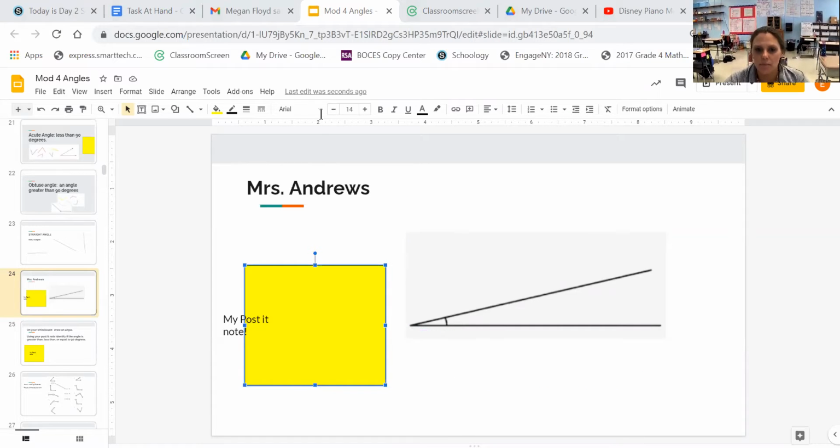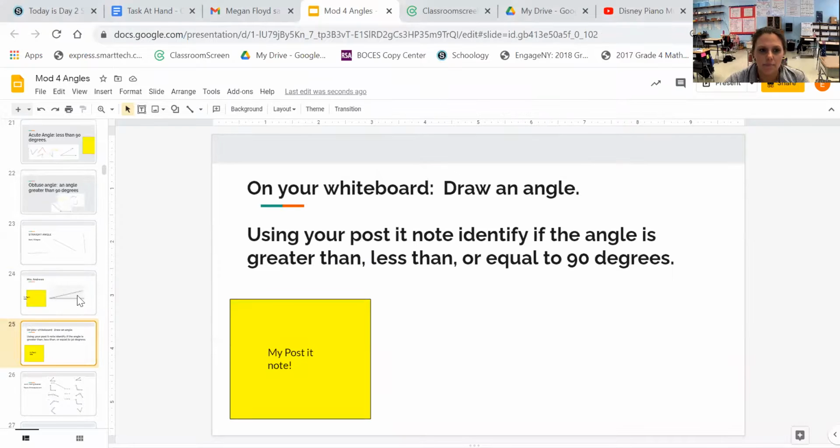Let's try another one. If you want to, on your whiteboard, I want you to just simply draw an angle. Draw any angle. We're all going to have different answers. Let me show you my angle. I'm going to draw 2 lines.